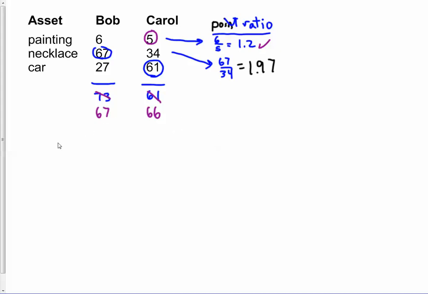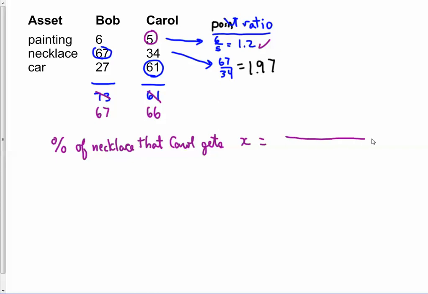So it goes like this: the percentage of necklace that Carol will get, the thing we called X, is the following fraction. On the top, we put the difference between their points. Right now, Bob only has one more point than Carol. So that goes on top, the 1.